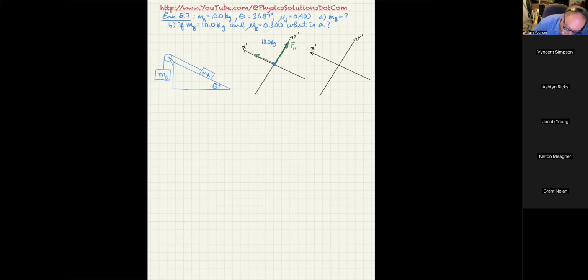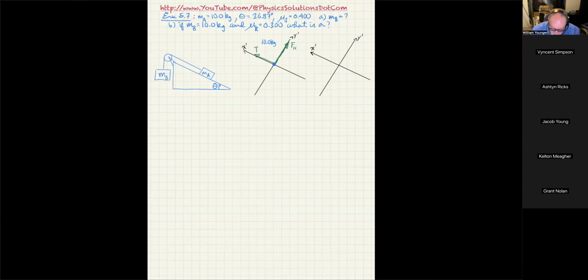Your book calls it F sub T because it likes to only use F's with subscripts to represent forces. And that's fine. That's a fine philosophy. I just tend to use fewer subscripts and just always use a symbol. So what we have here is the two things that are touching it. Now the inclined plane's touching it another way as well. The inclined plane is also providing friction, so I've got to account for that friction.